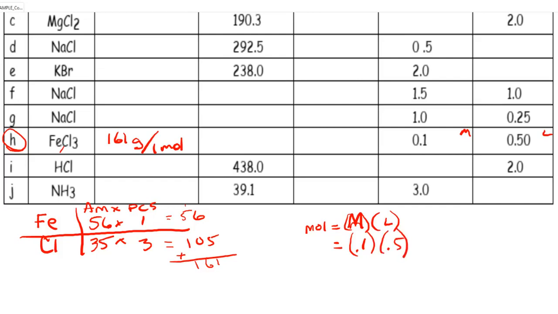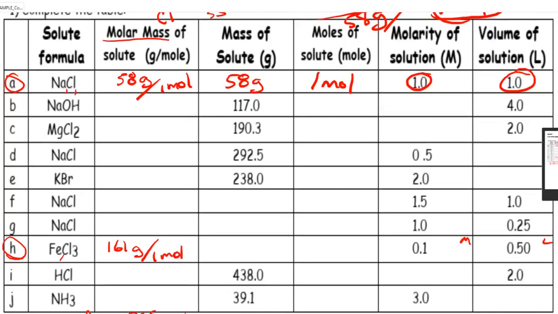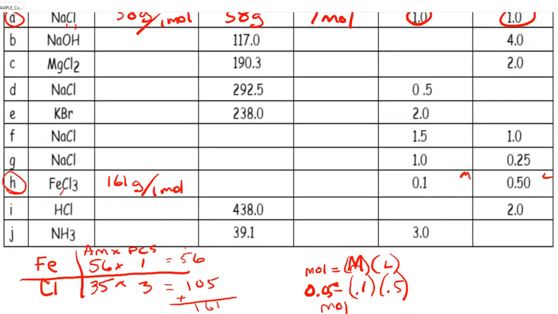We multiply those two together, which equals 0.05 moles. So the moles of the solute is 0.05. Now we need to figure out grams.